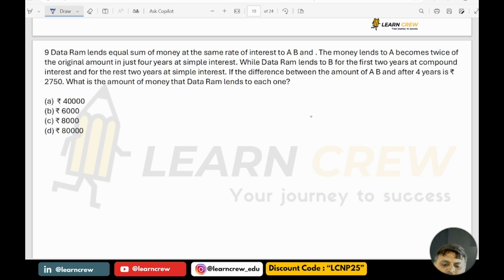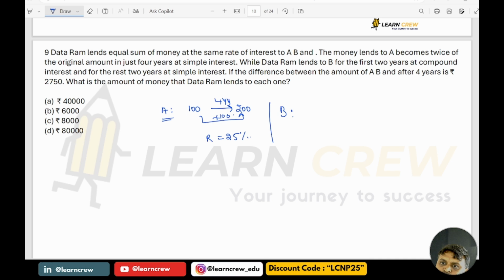So please see here, A, what is happening? 100 becomes 200 in 4 years. So in 4 years you are paying an interest of 100. So here the rate of interest is 25%. And what happened to B here?